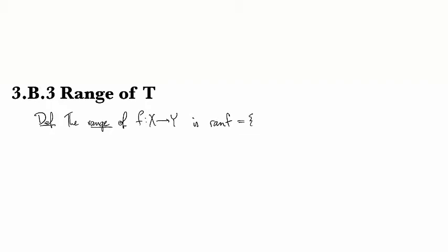And so this is all the elements in the codomain such that they look like f of something. So it's like saying there's some x that maps to it.